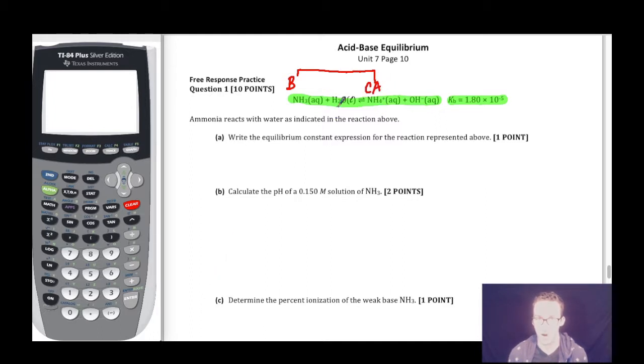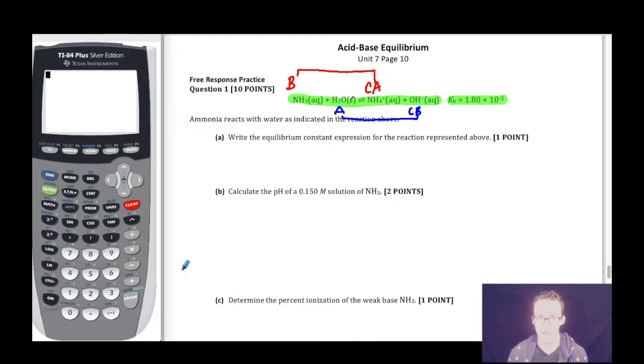Similarly, we've got water, which is acting as an acid or a proton donor, and its conjugate base is going to be the hydroxide ion. The Kb value of 1.80 times 10 to the negative 5 implies that the base, ammonia, is a weak base. As we look at this solution, we're going to have mostly reactants in that solution.